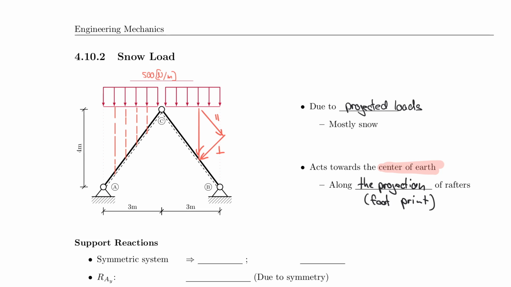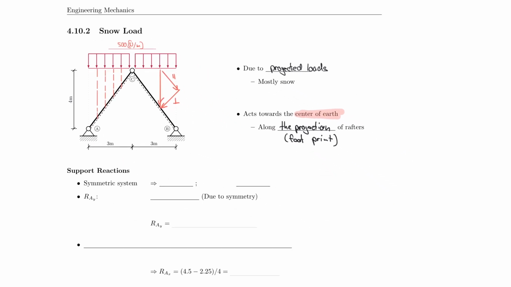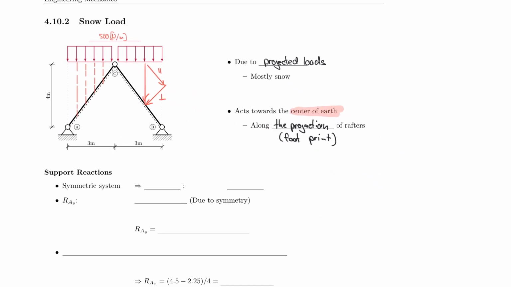However, let's look at this in more detail. So once again, our system is symmetric, and because it's symmetric, RAY is equal to RBY, no different than before. Similarly, RAX is equal to RBX. And so how much load do we have in total? The entire system has a weight of 500 Newton per meter.